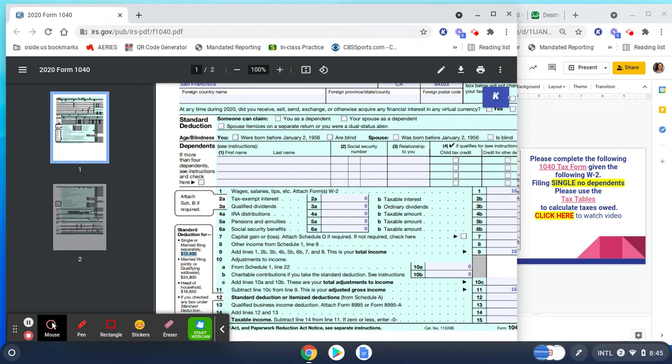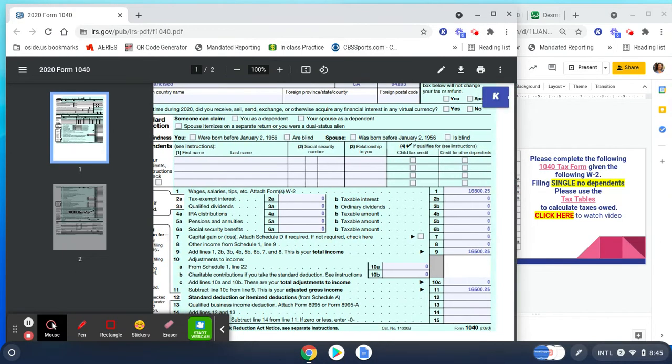But for Erin, she has no expenses with her job. It's just a regular job. And so we're just going to use this standard deduction. Do you see how line 12 has this little bubble right next to it, reminding you what the standard deduction is right there? So for a single person, her standard deduction for line 12 is just 12,400. Boom.